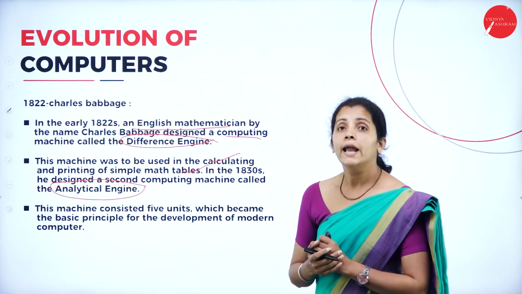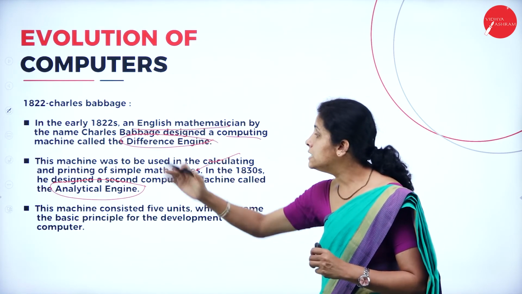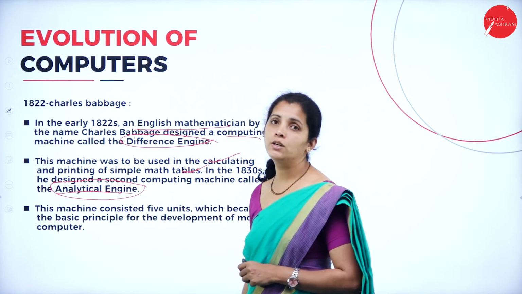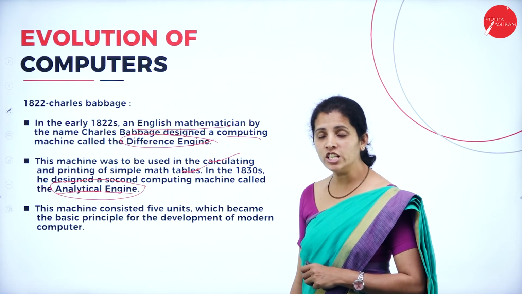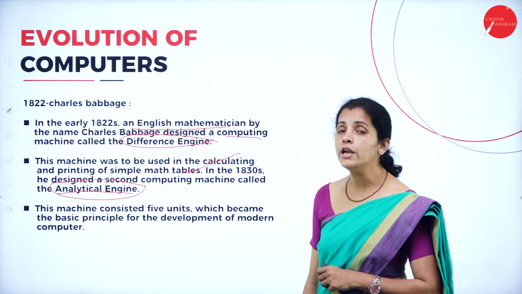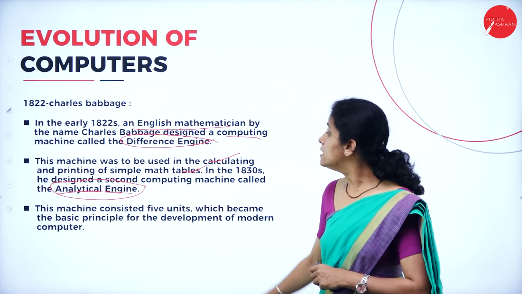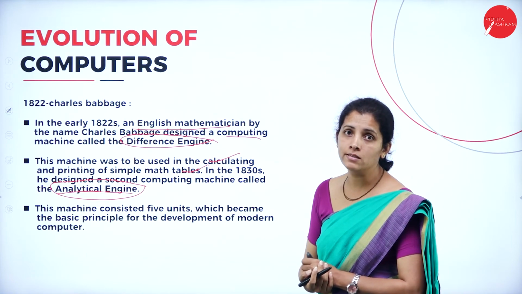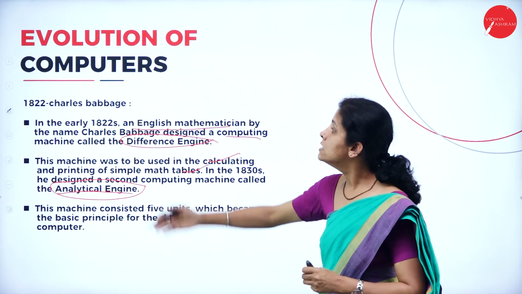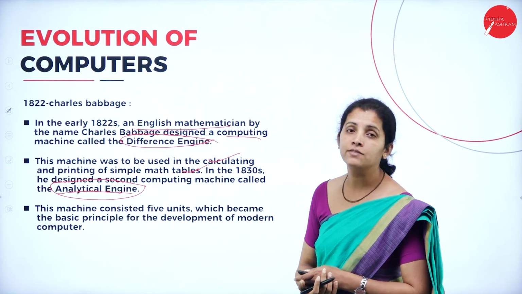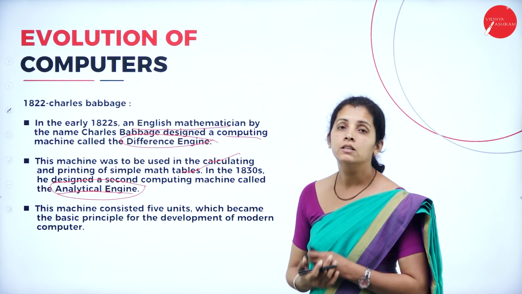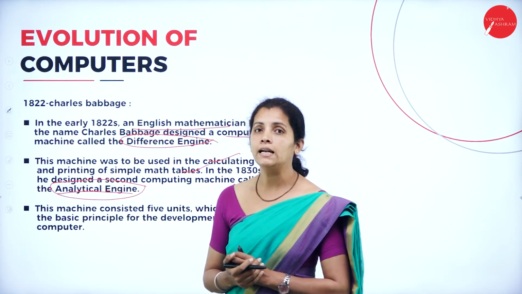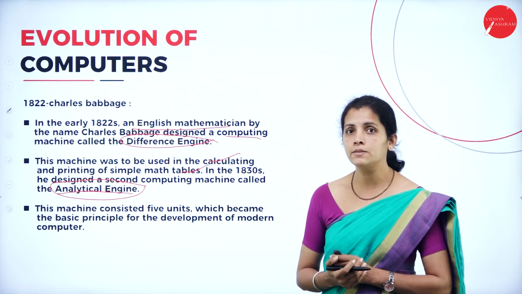So in the year 1830, he designed the second computing machine known as the analytical engine, and it is made up of 5 units, and this was the first basic computer system. For that reason, Charles Babbage is known as the father of computer. Now, dear student, tell me who is the father of computer? That is none other than Charles Babbage.